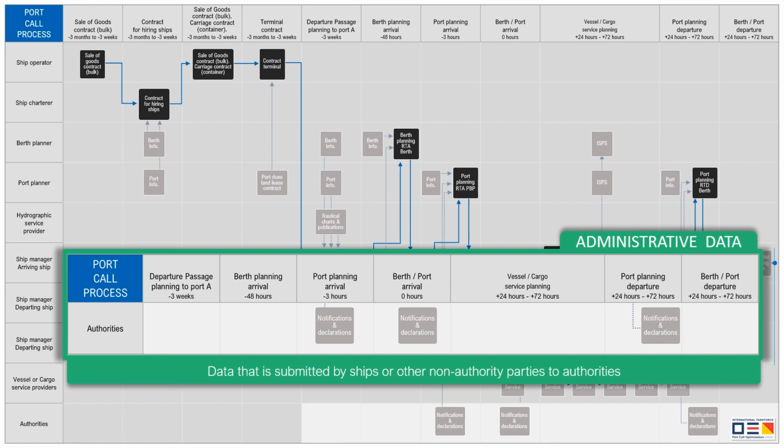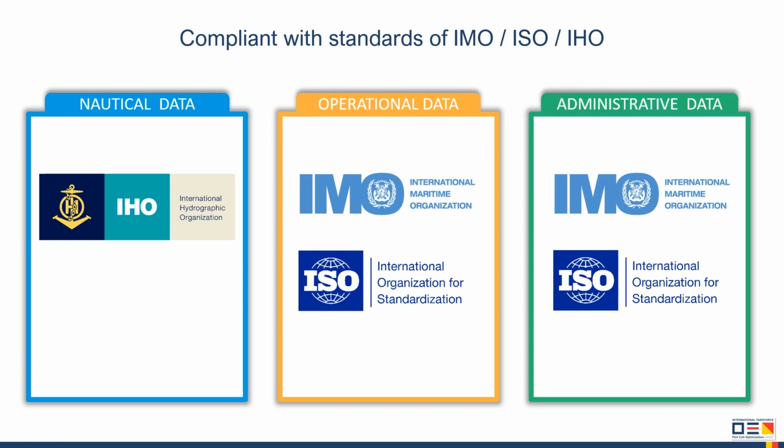Using IMO and ISO standards to ensure global and harmonized data uniformity will be a crucial success factor in optimizing port calls. For nautical data, the IHO, or International Hydrographic Organization, is the de facto standard, and its adoption for digital data will be a major step forward in harmonizing data in port information manuals for all ships.